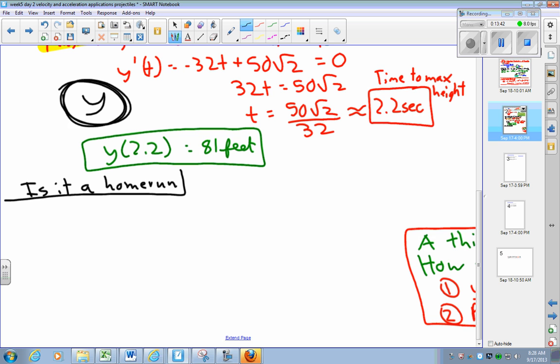And the whole key to this is I need to be above 10 feet at 300 feet out.